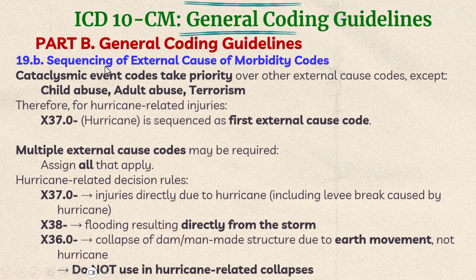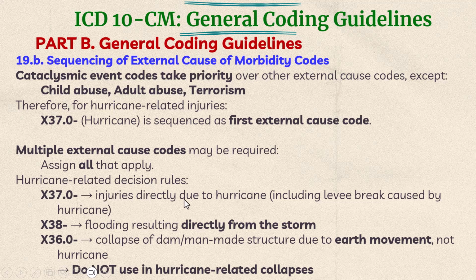19B, sequencing of external cause of morbidity codes. Cataclysmic event codes take priority over other external cause codes except child abuse, adult abuse, and terrorism. Therefore, for hurricane related injuries, X37.0, that is hurricane, is sequenced as the first external cause code. In case multiple external cause codes are required, assign all that apply, but follow the hurricane related decision rules.